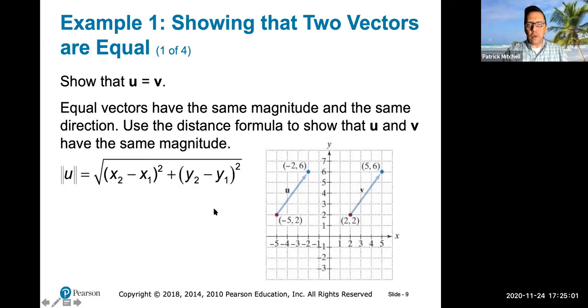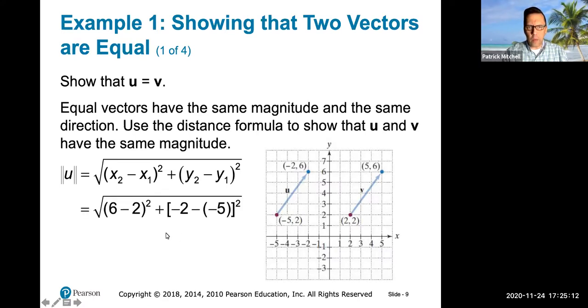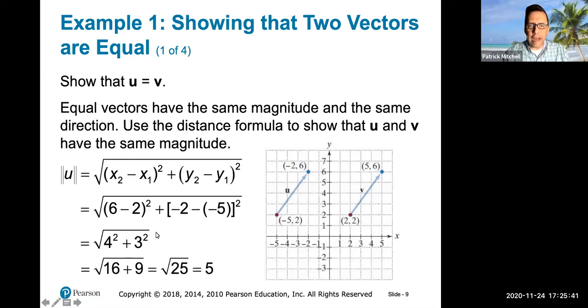Using the distance formula that we talked about way back in Chapter 1, the magnitude of vector u would be given by this formula. They put x2 minus x1 squared over here, and they put y2 minus y1 squared over here. It doesn't matter, right? It just confused me there for a second. So that comes out to 5.